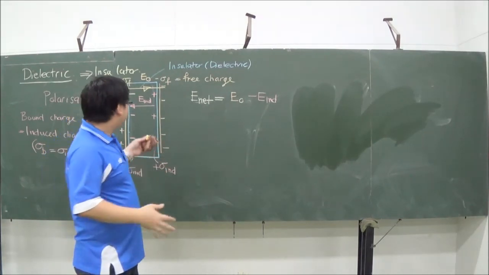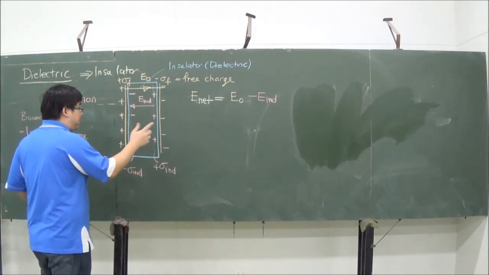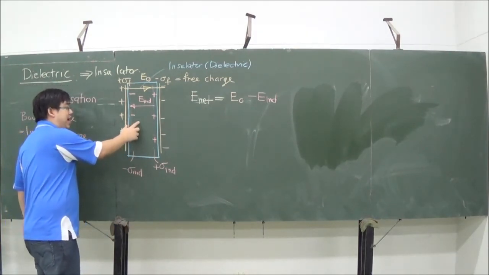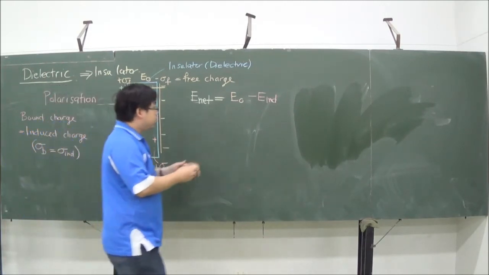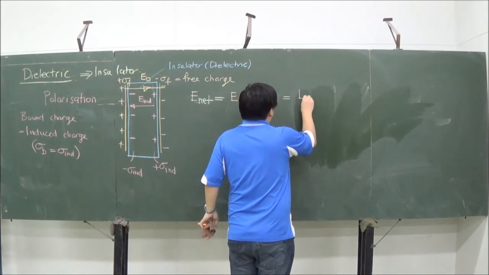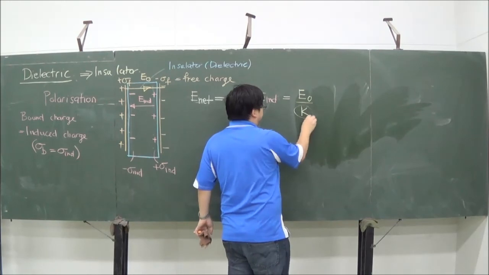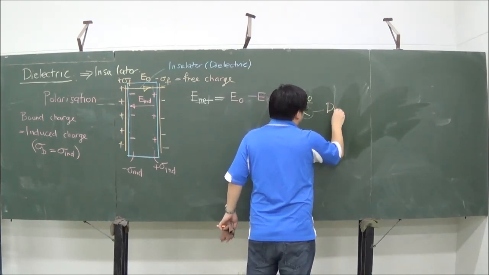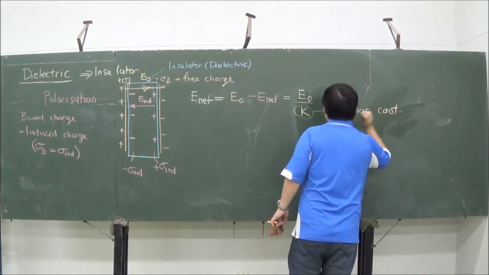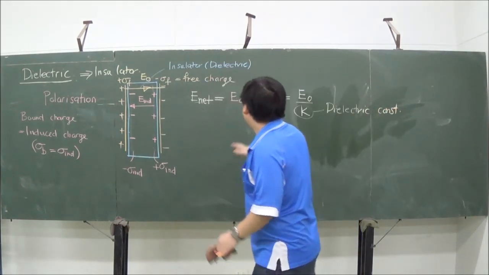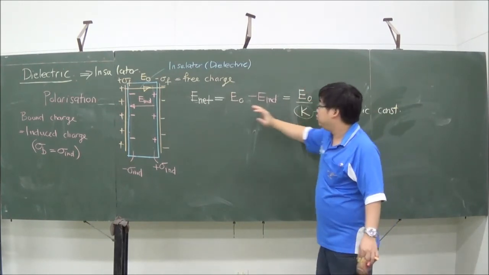And actually, we don't know how to calculate this induced electric field. So what we do is use a probe to probe the electric field inside this material, the dielectric. We use a new constant kappa, and this kappa is what we call the dielectric constant. So we rescale the old field by this constant kappa to get the net field.